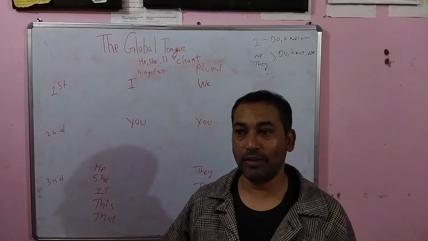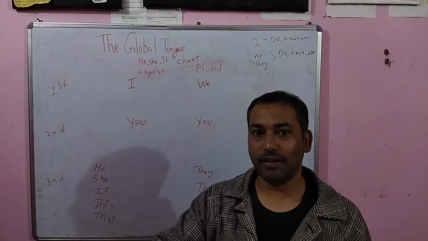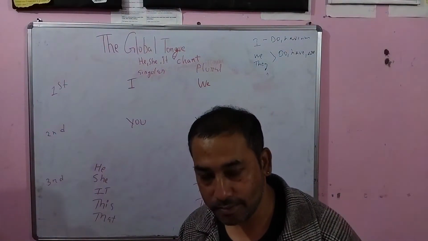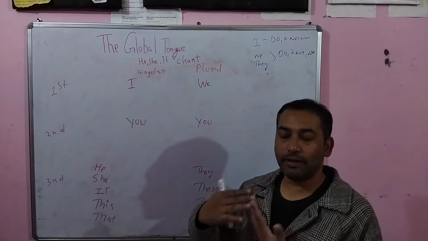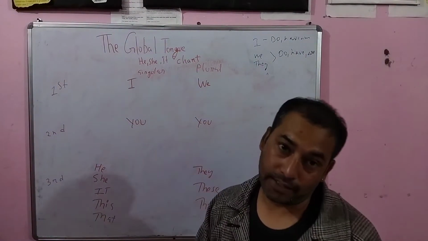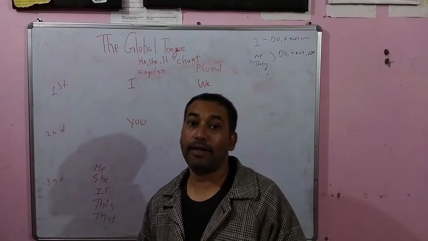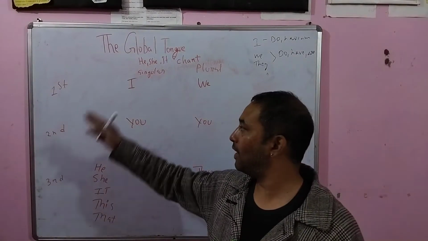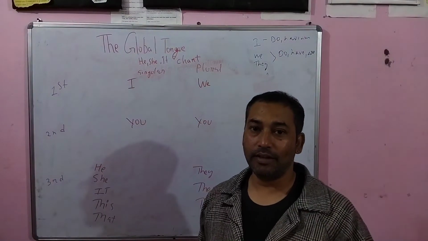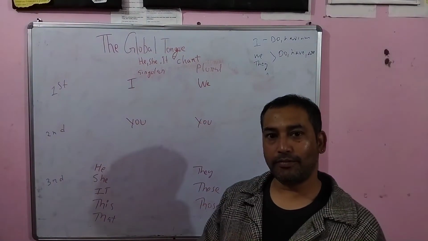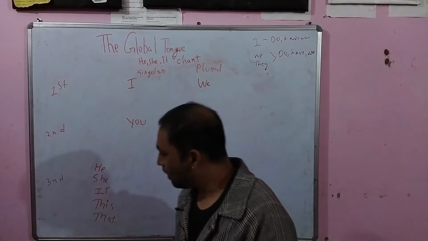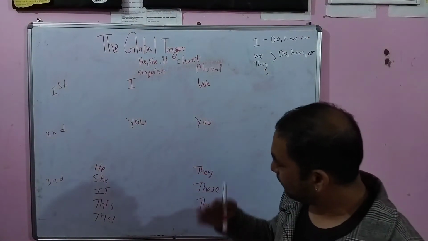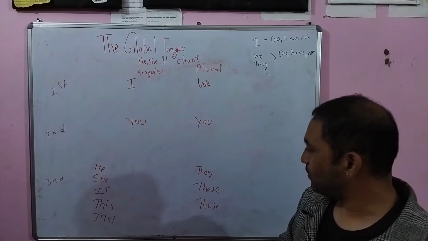Whenever we speak English, we have to take help from our friends every time. I am taking help from friend I, and from friend you. So these are our main friends: I, you, we, he, she, it, they, these, those, this, and that.